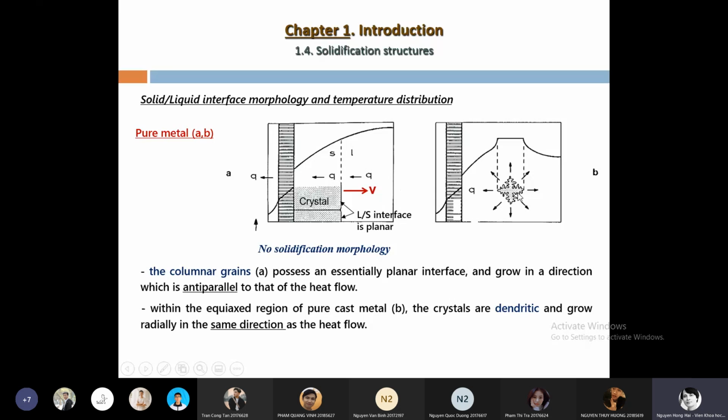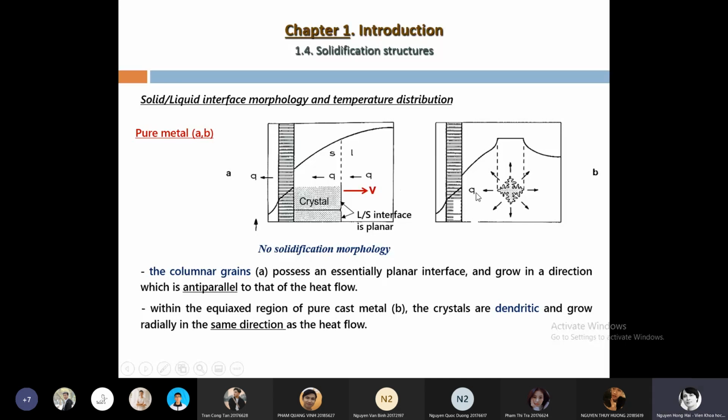But in this case, in the case of the equiaxed solidification, the crystal can grow in its own direction, and the same direction as the heat flow.